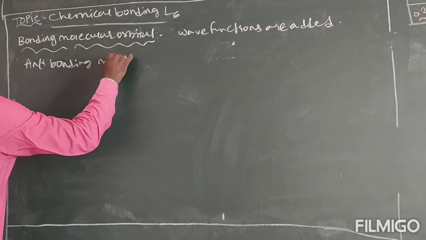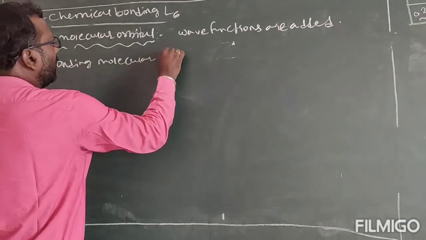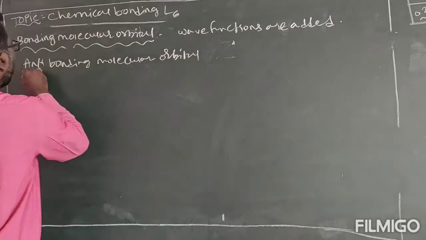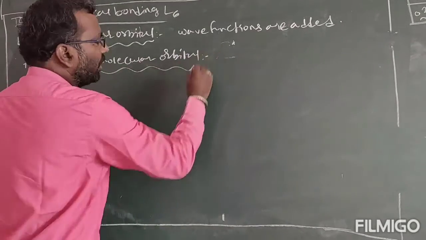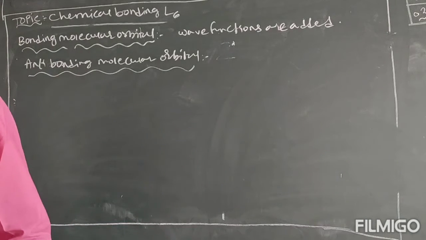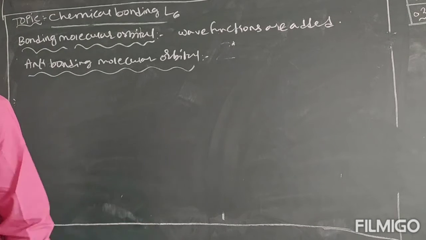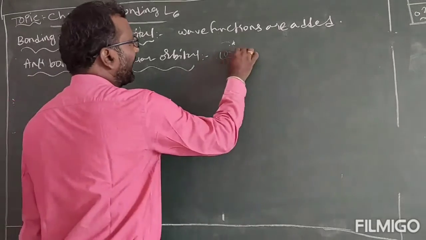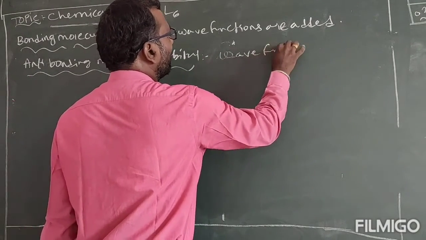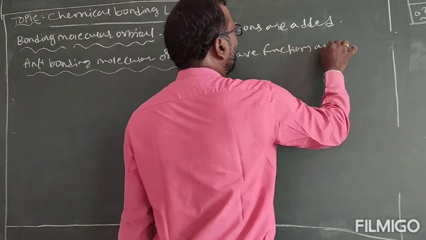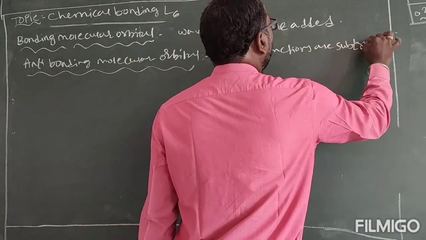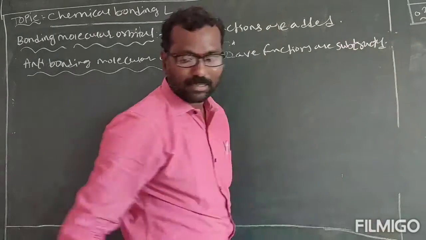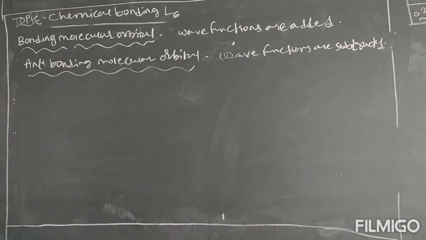Then what about the anti-bonding molecular orbital? Anti-bonding molecular orbitals are also formed by the linear combination of two atomic orbitals, but when their wave functions are subtracted. So here the wave functions are added, and there the wave functions are subtracted.